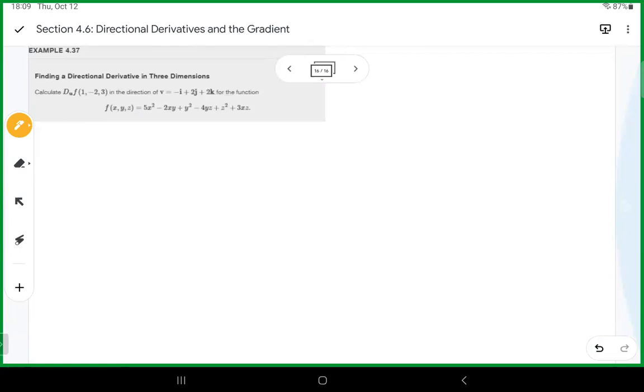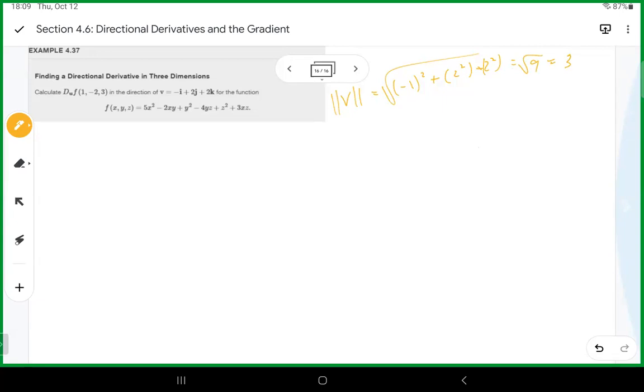All right, so the first thing we're going to find is the magnitude of V. And that's just going to be 3.